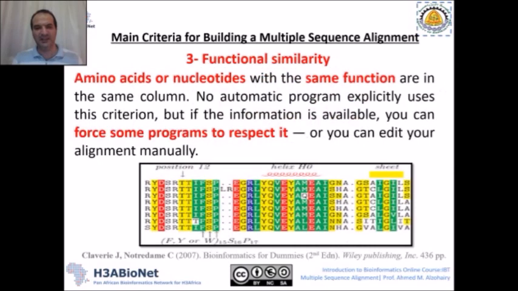The third criterion is functional similarity, and of course amino acids or nucleotides with the same function are in the same column. That's what we're looking for, and this means that nucleotides or amino acids which have a very important function are usually very hard to mutate, and will always be in the same position.